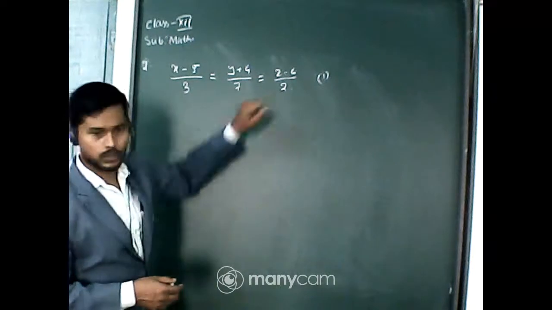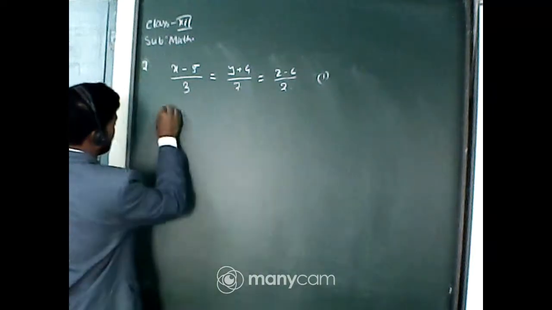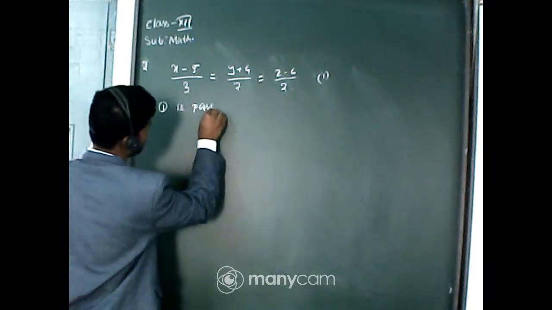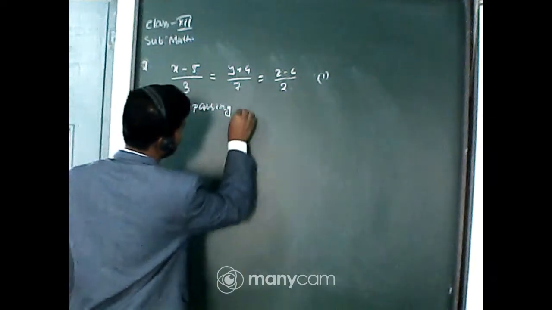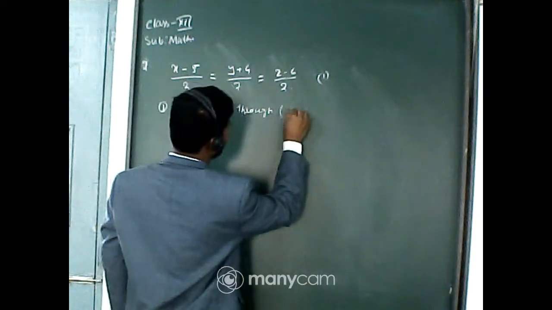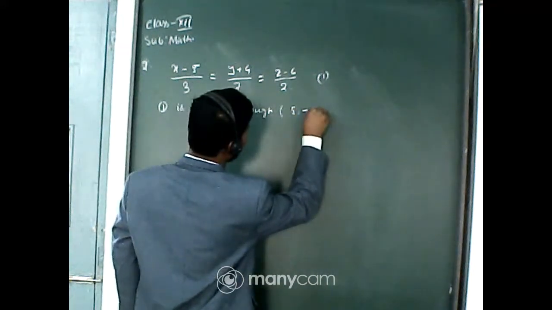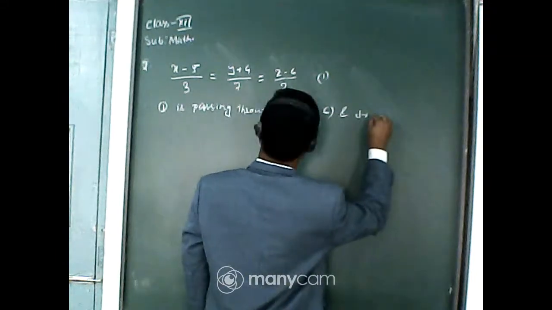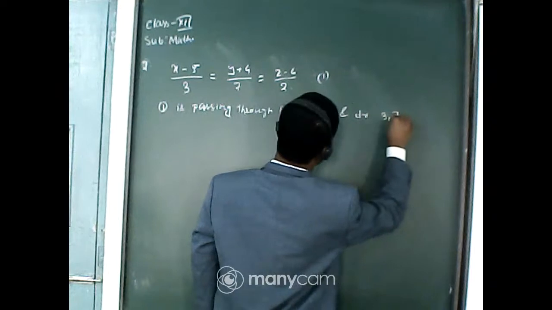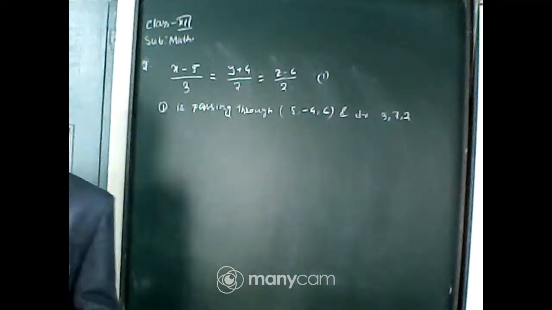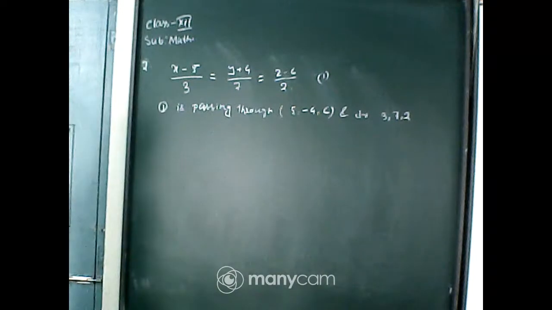So a point on the line is known and the direction ratio is also known.